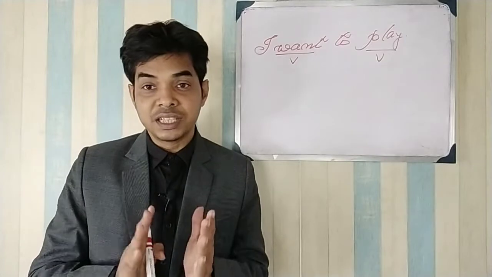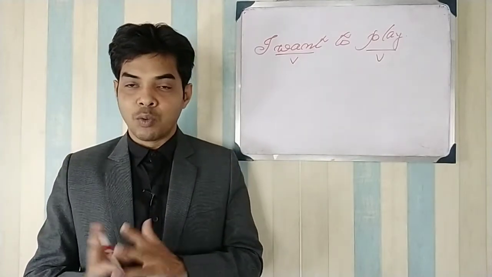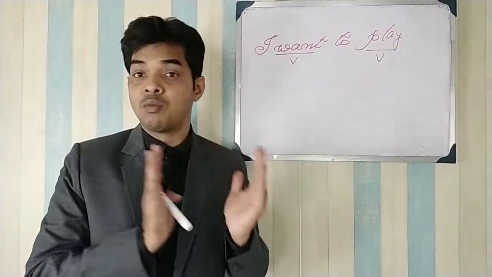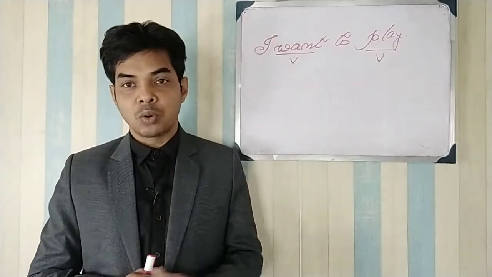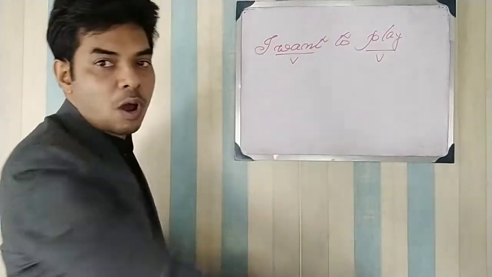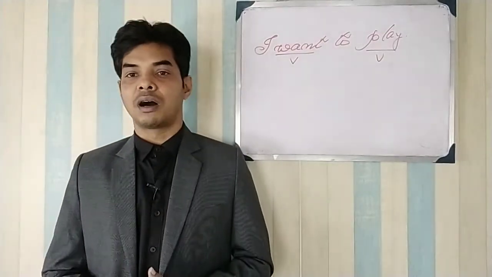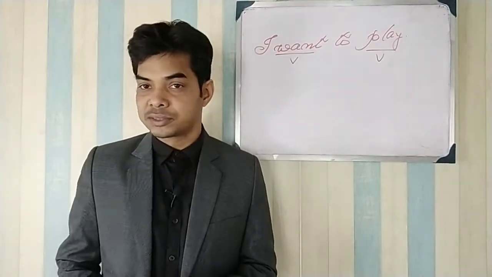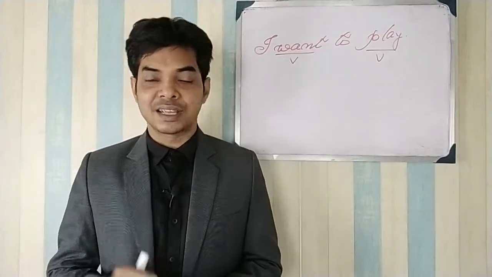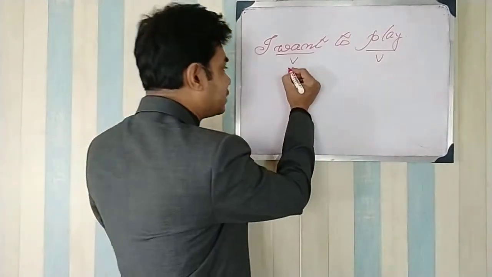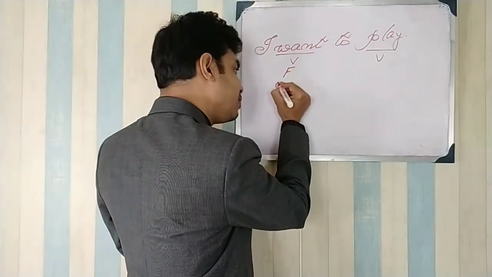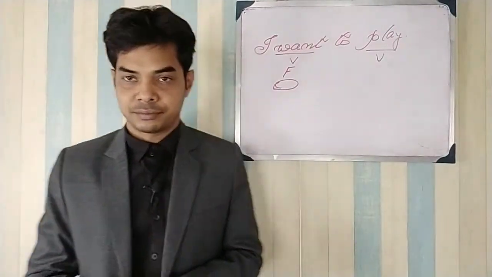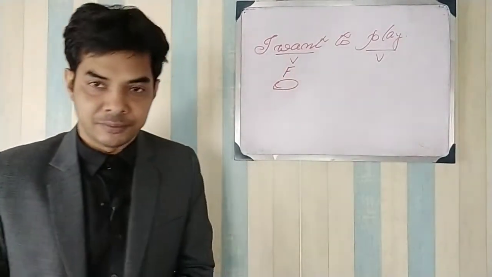But if you change the tense, if you want to produce the same sentence in past form, you would say I wanted to play. So this particular verb, want, is limited in terms of person, number, and tense. So this is obviously a finite verb because it's limited. Now what happens for play?